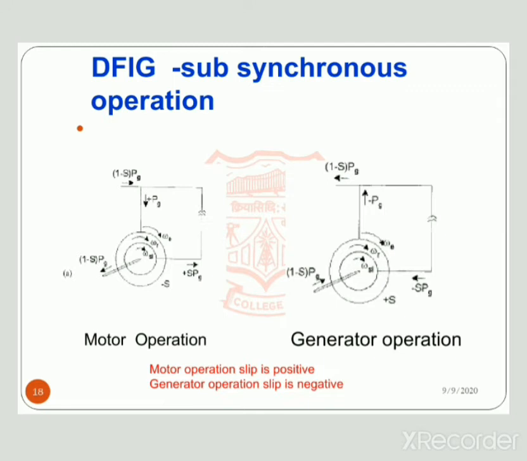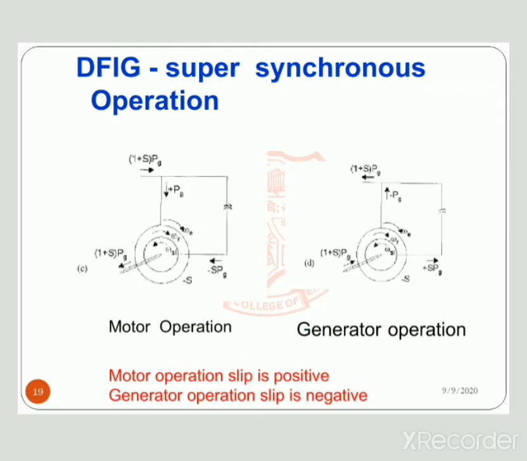Whenever we look at motor operation, generation operation is done accordingly. In DFIG supersynchronous operation, during motor operation the slip is positive, and whenever generation operation happens, the slip is negative. So that is the most important point.